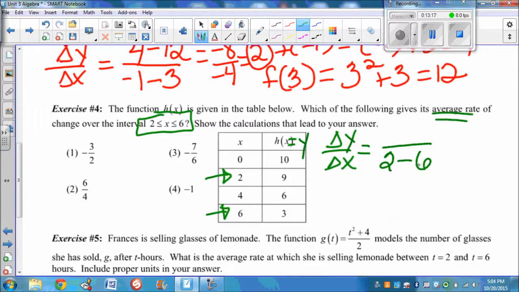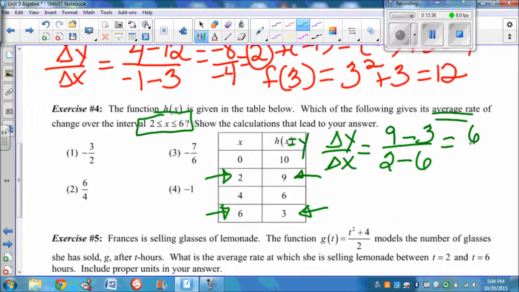Now, what are the y's that go with those x's? So what's the y that goes with the x of 2? Right there, 9. Minus, and what's the y that goes with the x of 6? And it's right there, 3.